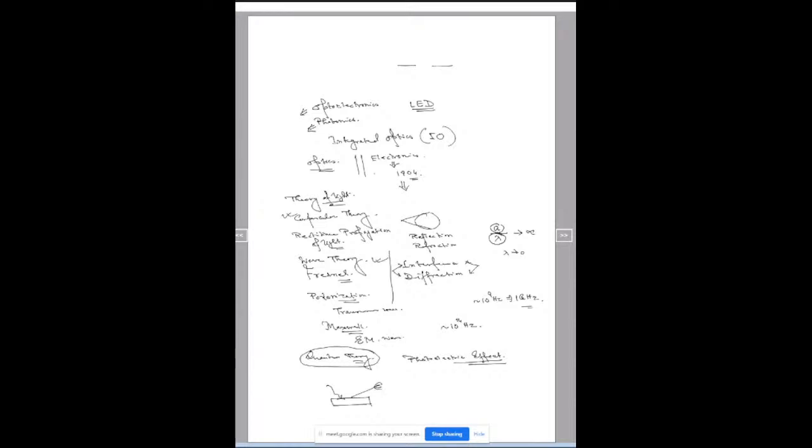Right? How a PN junction diode can be used as an optical emitter, how it can be used as an optical detector, and how it can be used as a photocell or a solar cell, I'll tell you.